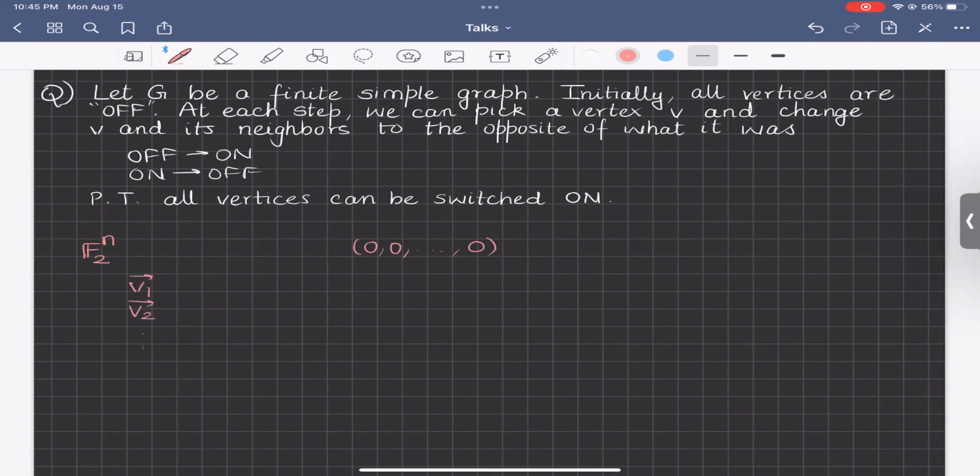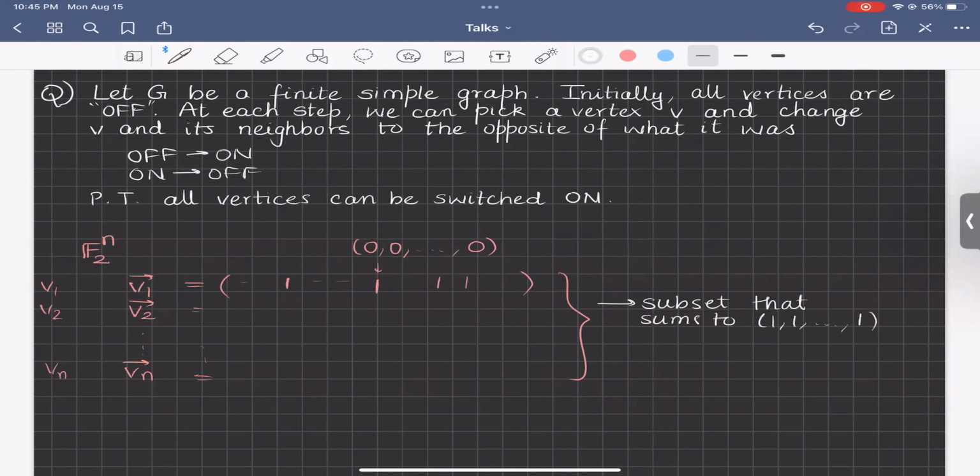Then we have these vertices V1, V2, and they correspond to vectors V1, V2. Each vector has a one at its own place as well as wherever the neighbors are. And I want a subset of these that sums to the all ones.